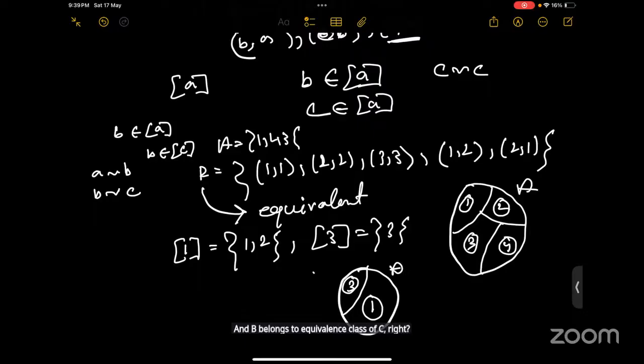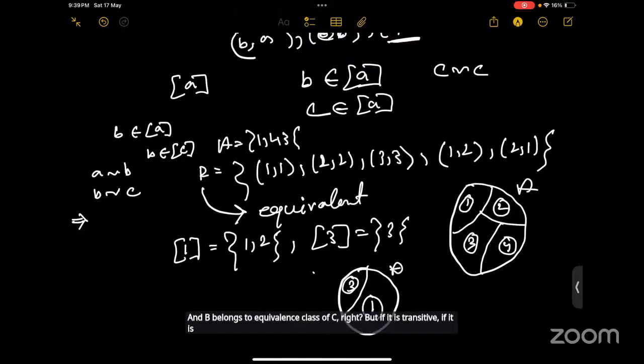Correct. If it is transitive, then it will imply that A is also related to C. That means C will be in the equivalence class of A and they will be the same, right?